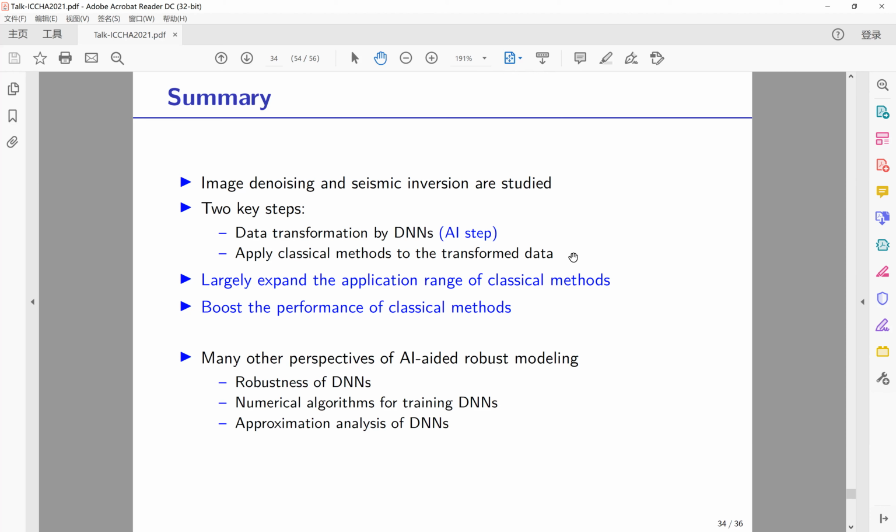We also want a training algorithm for this DNN, because to get a reliable transformation, we have to find a training algorithm suitable for inverse problems, not for the forward problem. We can also have approximations for this data representation, whether we use a dynamic model or an optimization model, whatever model.